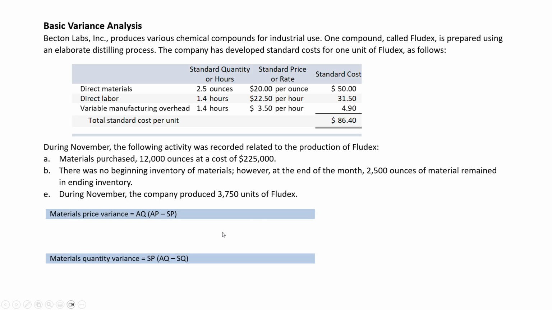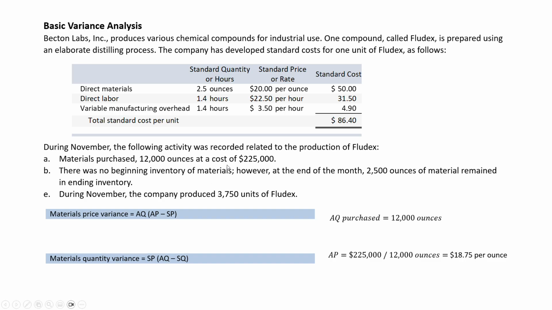If that occurs, the materials price variance is always going to use the actual quantity purchased. I don't care how much we used, I care about how much we bought, and that's going to be 12,000 ounces.